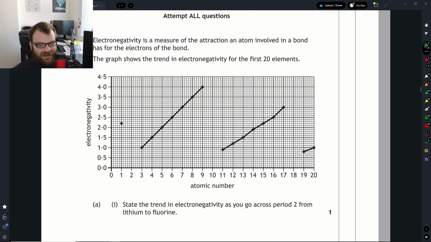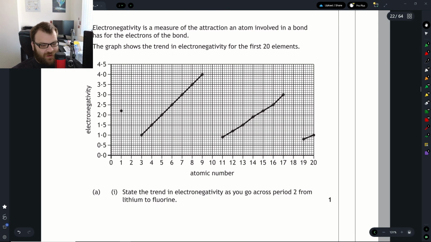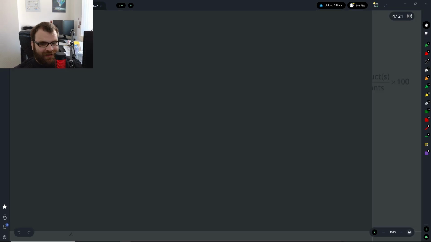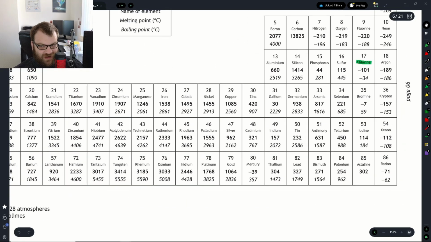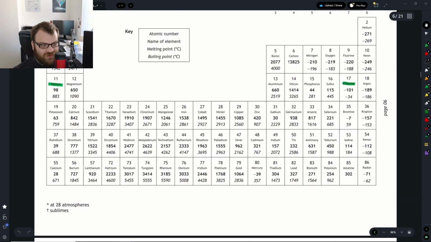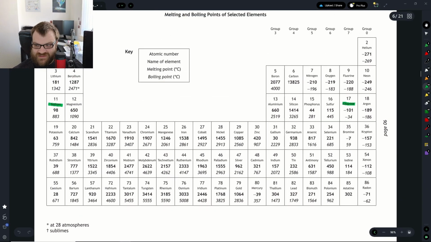In question 1, we're asked about electronegativity, and we're shown a graph of the trends in electronegativity for the first 20 elements. We're asked about the trend as you go across period 2 from lithium to fluorine. If you don't know which atomic numbers lithium and fluorine are, we can use the data booklet. We can see that we are starting at atomic number 3 and going along the period.